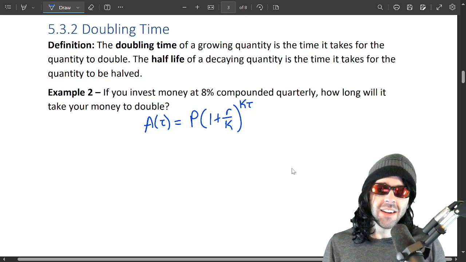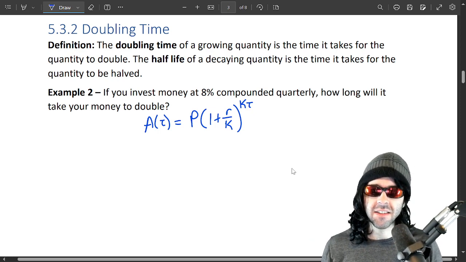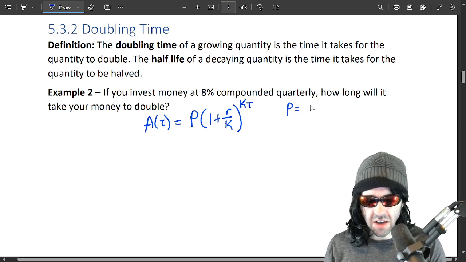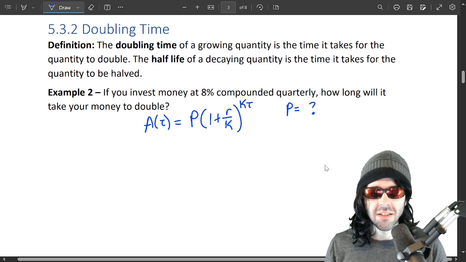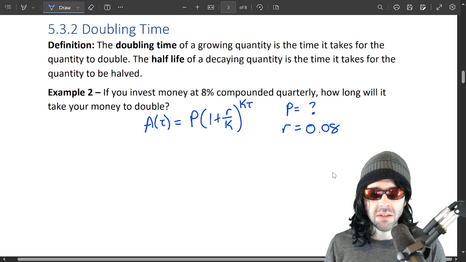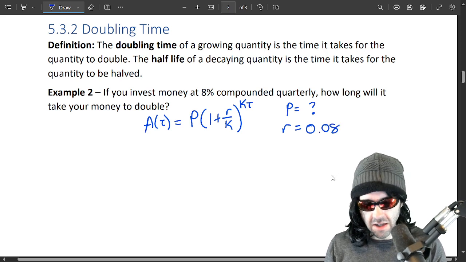All right. If this is the case, well, P is how much we started investing. We don't know that yet. R is the interest rate as a decimal. We do know that, 0.08.